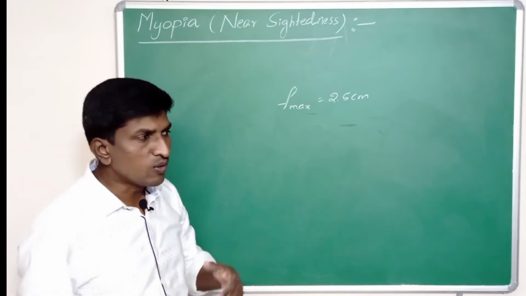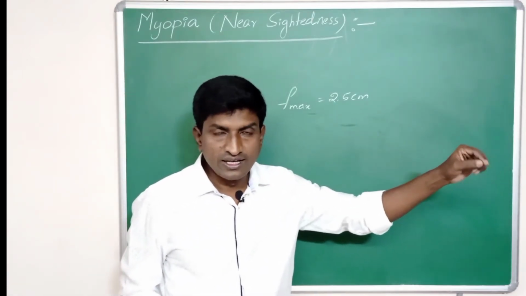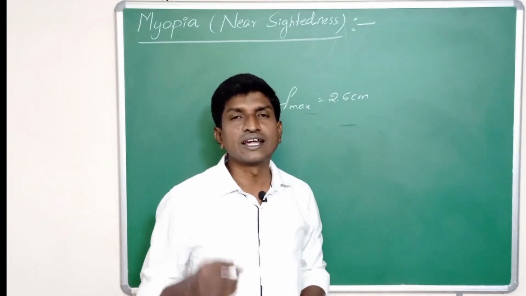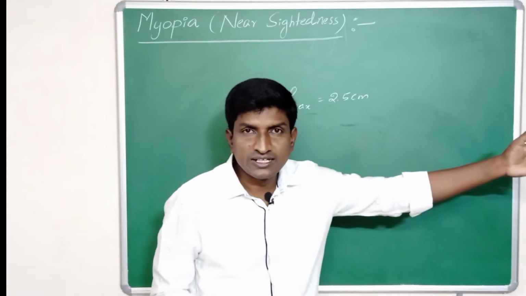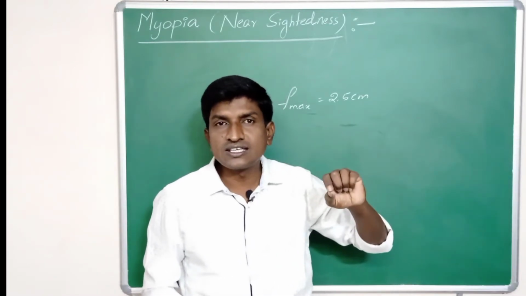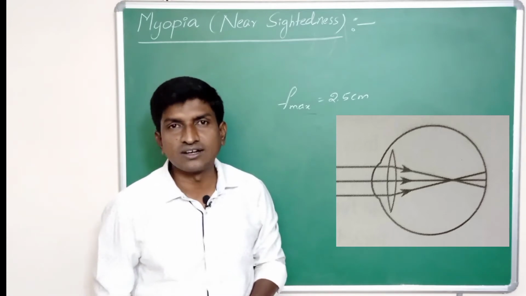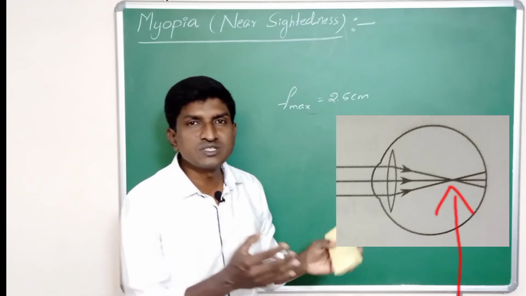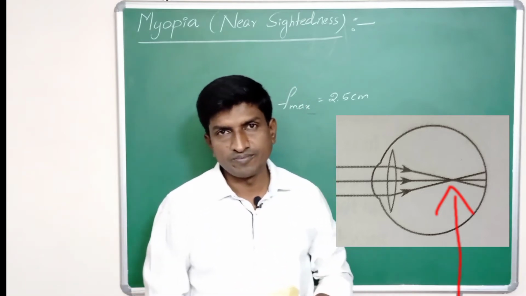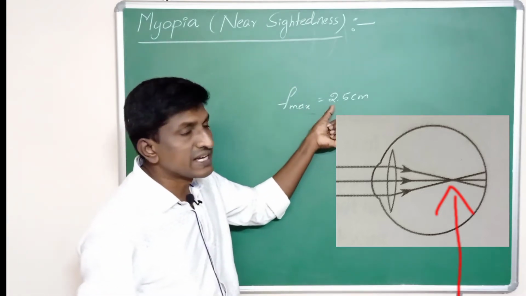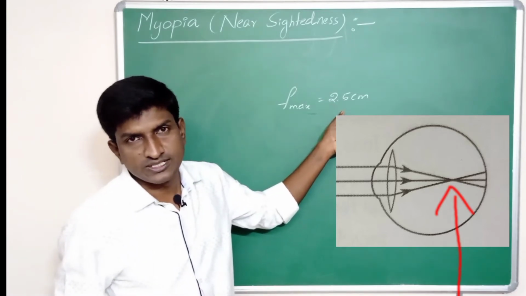So he can see only up to a certain distance from his eye, and after that the light rays coming from a long distance, after refraction by the eye lens, form the image just before his retina, because his maximum focal length is less than 2.5 centimeters.